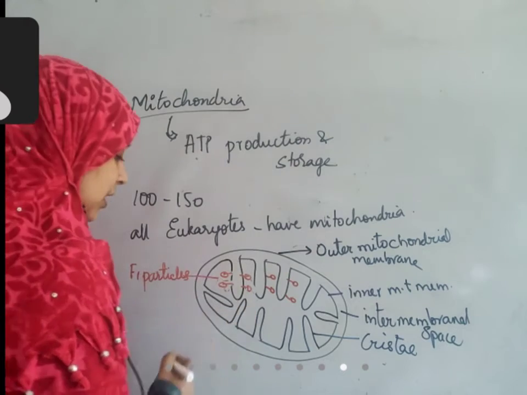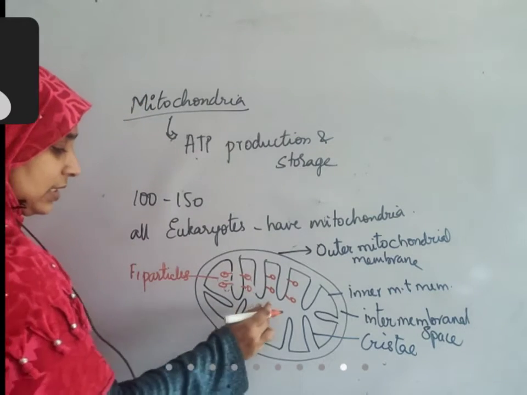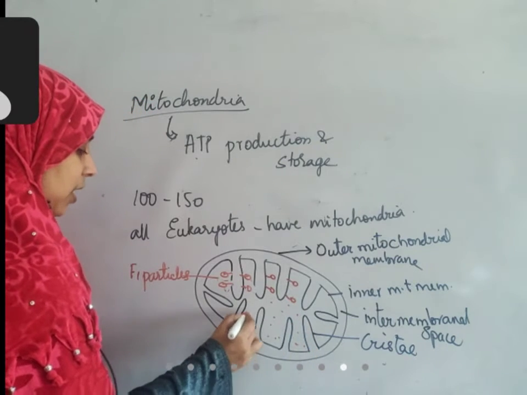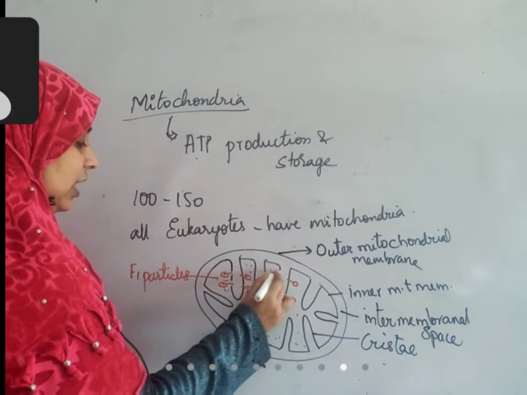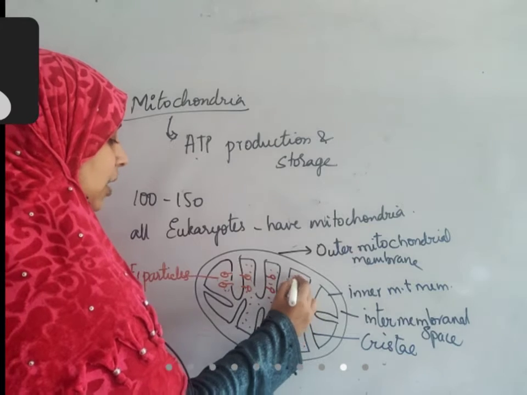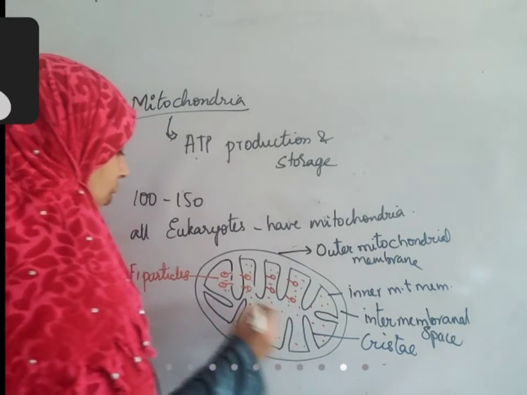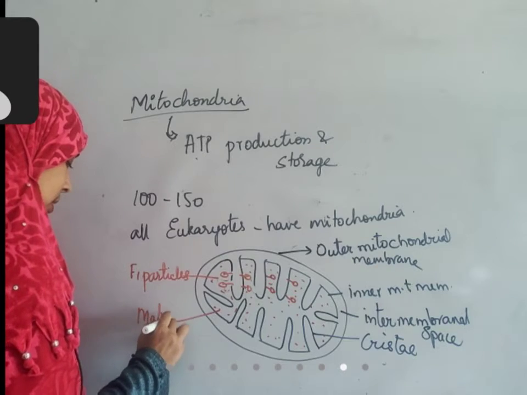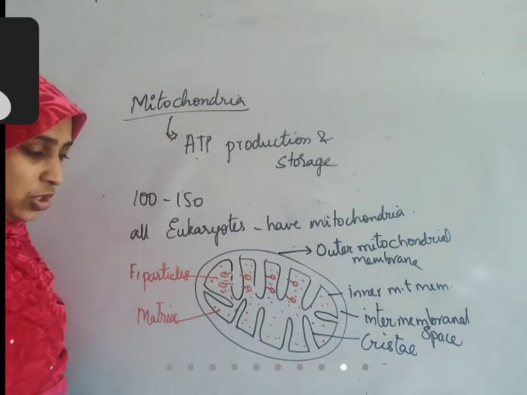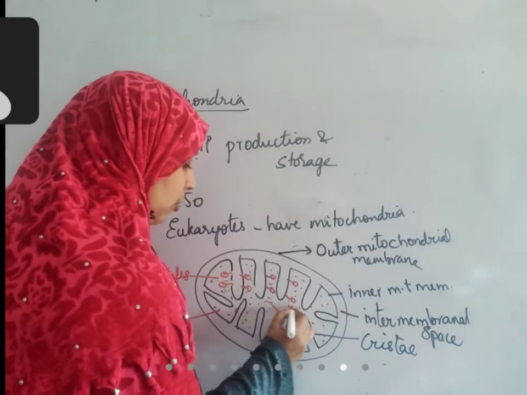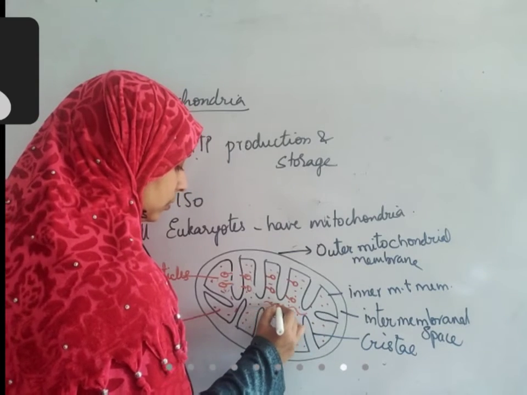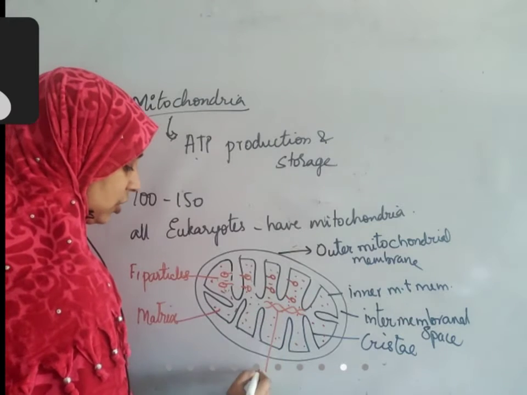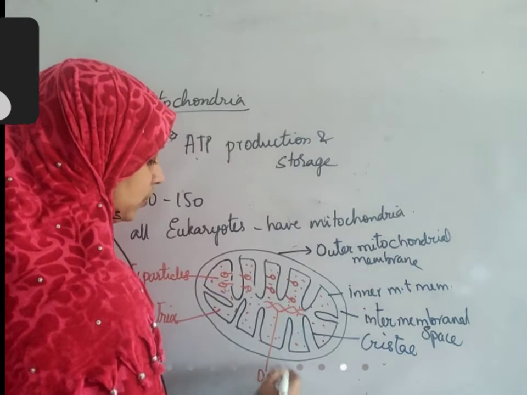So what is present in the matrix? Inside there is a jelly-like liquid. This part, which has the jelly-like liquid inside the inner mitochondrial membrane, is called the matrix. Inside this matrix, you can find a DNA molecule. DNA is present inside. Ribosomes are present.